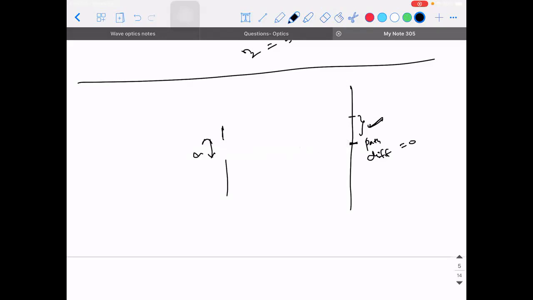That this a is divided into 2 equal parts, such that if you take a ray here and a ray from here, these 2 rays will hit the screen with a phase difference of how much value? With a phase difference of lambda by 2. So a by 2 times sine theta is equal to lambda by 2.